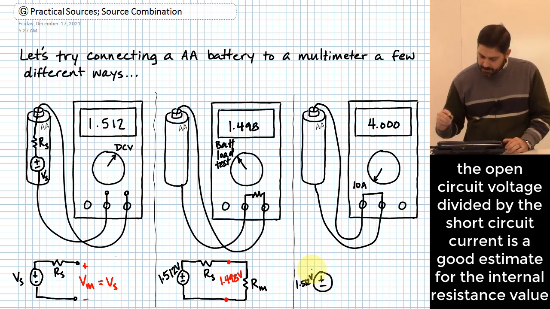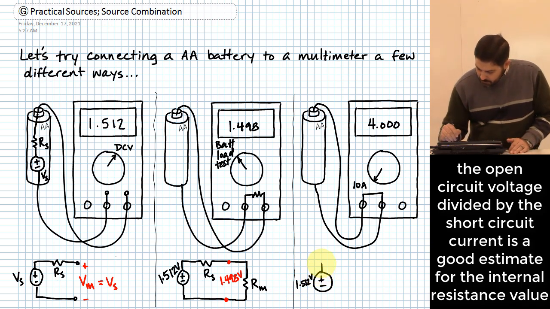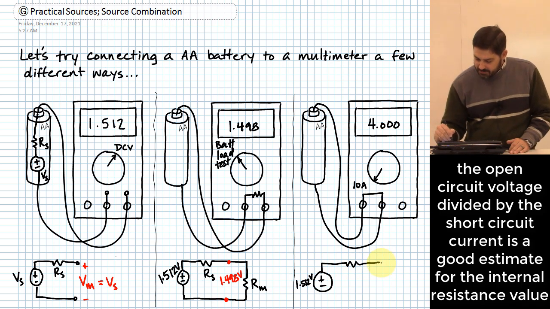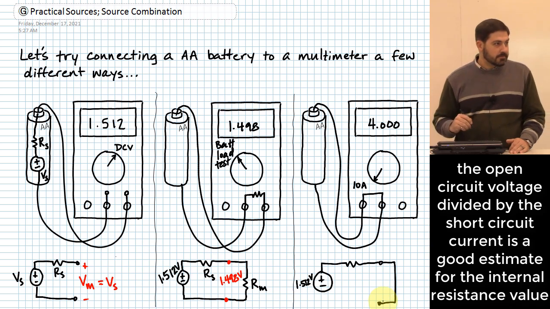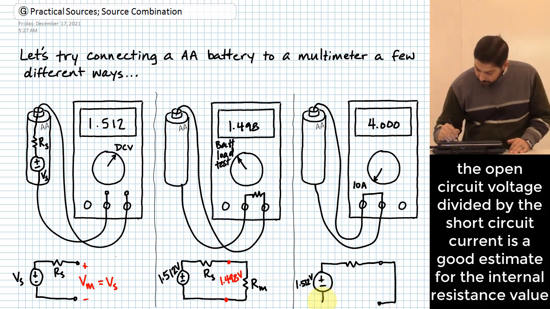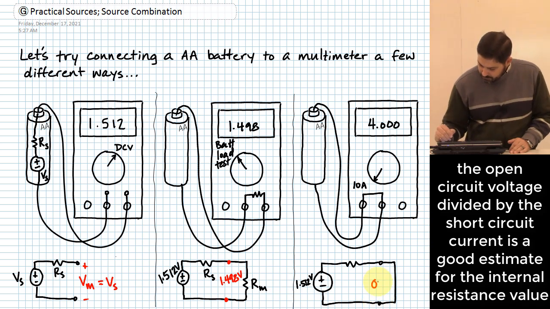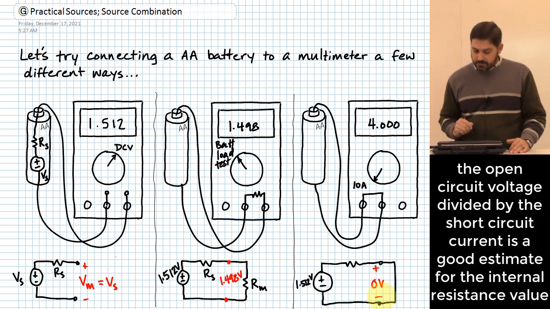What happens now in the last case? 1.512 volts probably, going through this internal resistance, and then how does it connect? Short circuit, meaning that we probably have about 0 volts here. What does that mean?